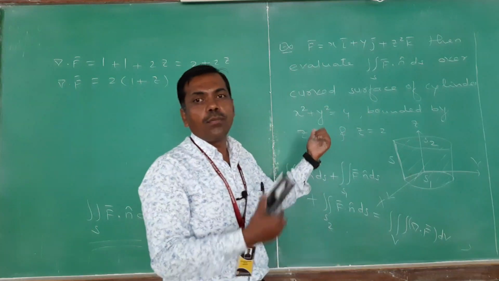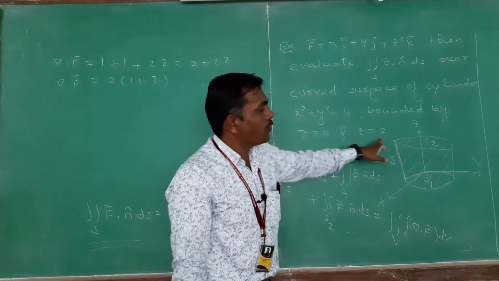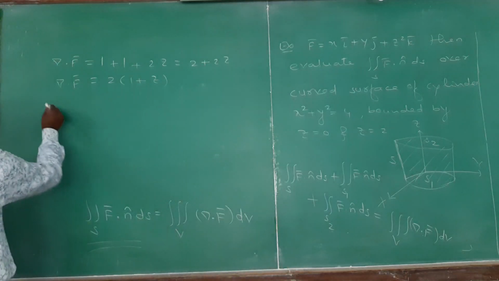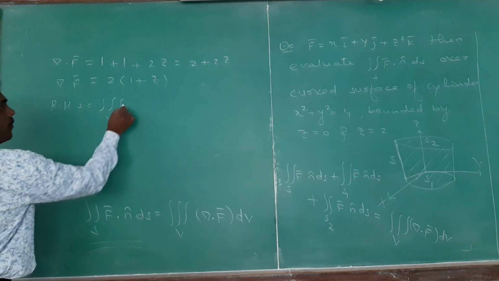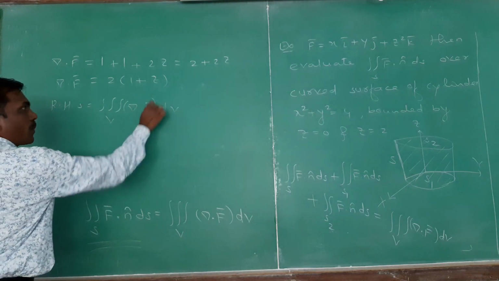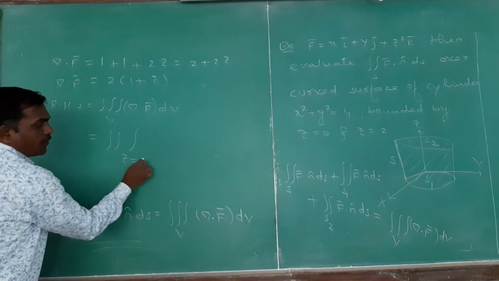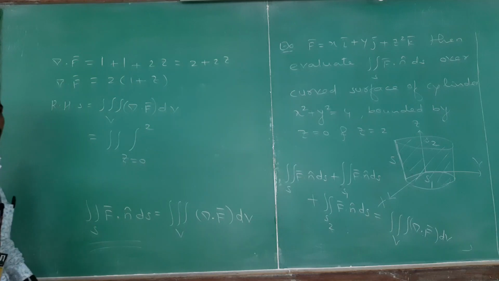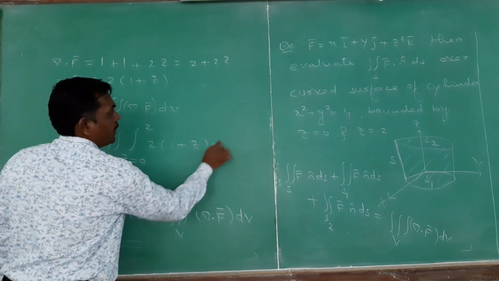We know how to evaluate a double integral over a circle. First z equal to 0 to z equal to 2. So take RHS: triple integration over V del dot f bar dv is equal to double integration as it is, and I know the limit of z, so z equal to 0 to z equal to 2, del dot f bar which is 2 in bracket 1 plus z dz.